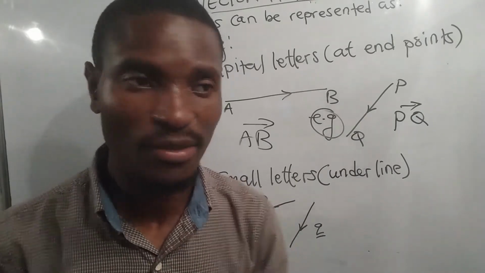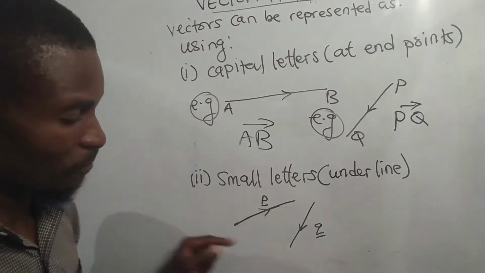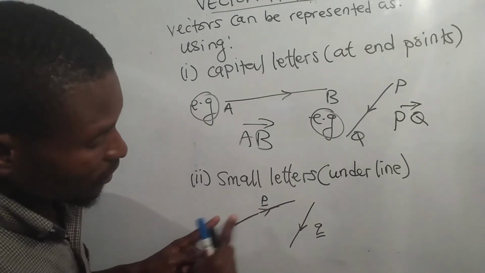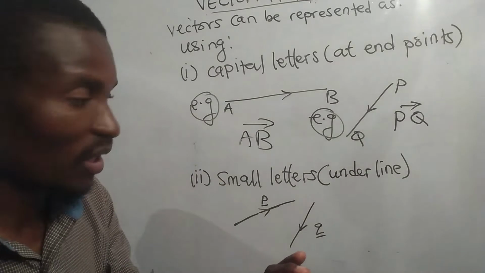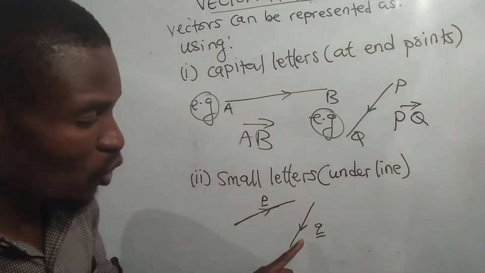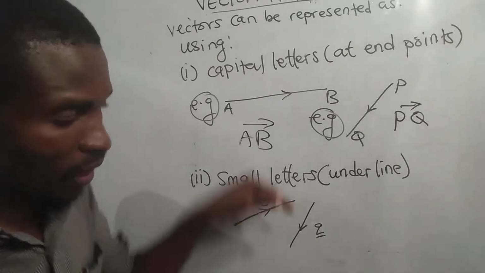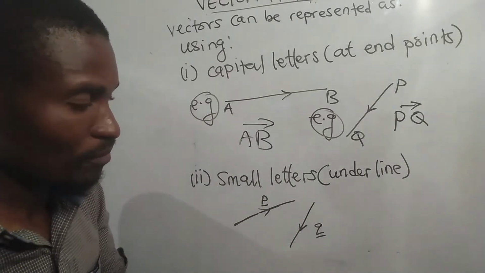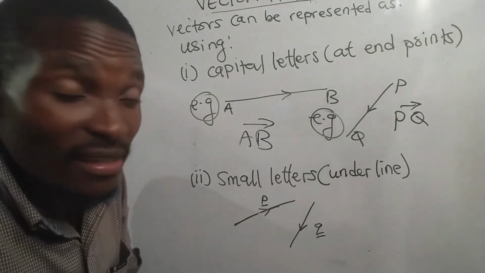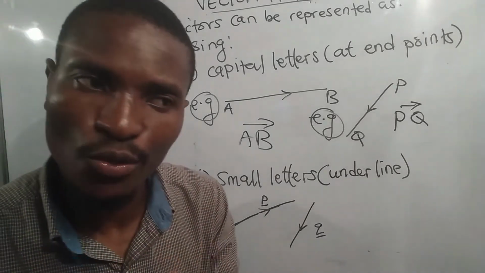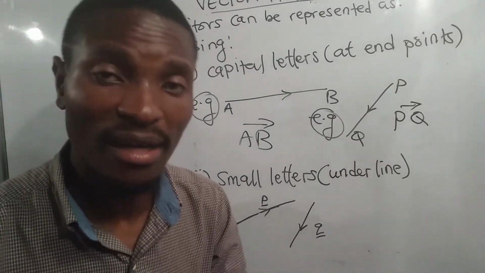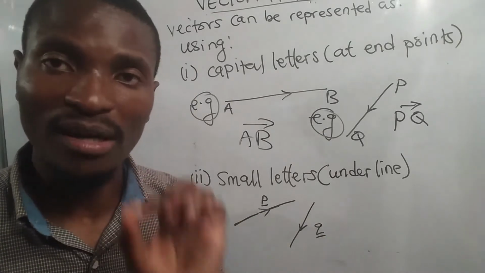We can see that it's going in this direction, and this is a small letter p, and this one is going down. This can be any kind of vector, but the key concept is that whenever we are using small letters, we underline them.